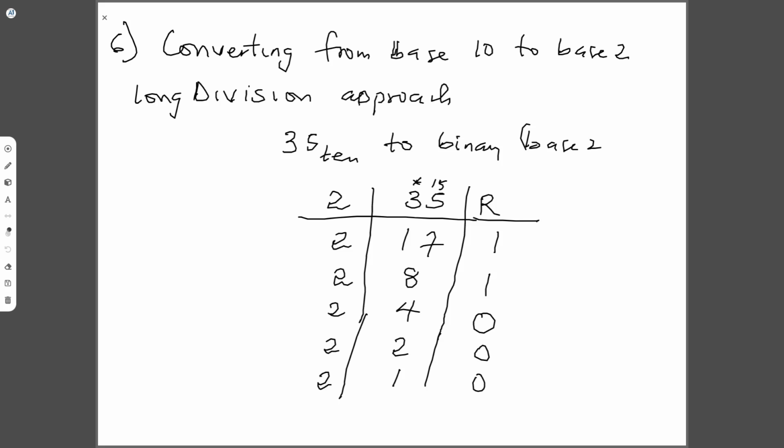Divide this 1 by 2, which is not possible. So in that sense, the impossible response means 0. So what will happen to the part of the remainder? We bring what we have here down to this place, 1. So the remainder will be any value we have here. We said 1 divided by 2 is impossible, that is 0.